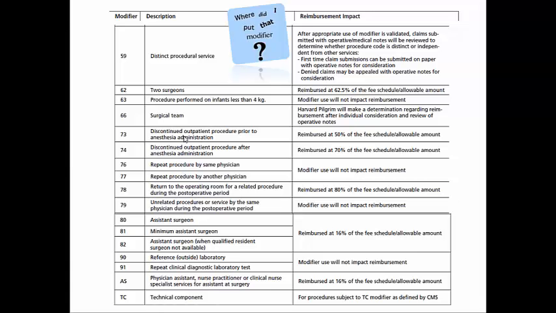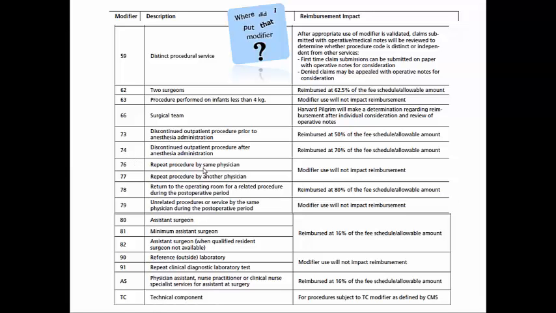The coder is going to code the procedure as if it existed with a modifier 73. Now, if they had administered anesthesia and then they decided to cancel the procedure, same thing. Coder would code that procedure as if it happened with modifier 74.